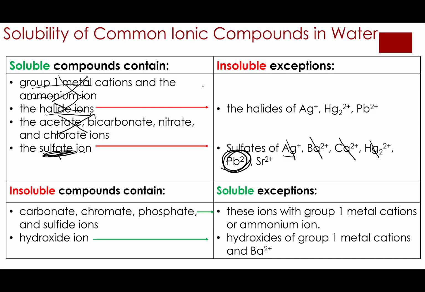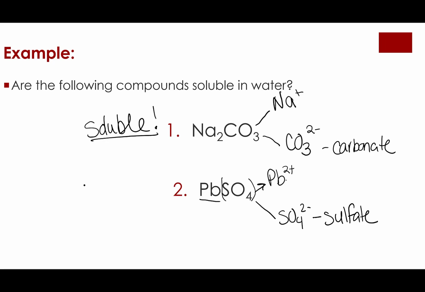So when the sulfate ion is attached to lead, that makes it an exception to the rule, and this exception makes it insoluble. So this compound would be insoluble. Okay. So if these were my two products from a precipitation reaction, I would say that the lead sulfate is insoluble. That would be the solid that comes crashing out.